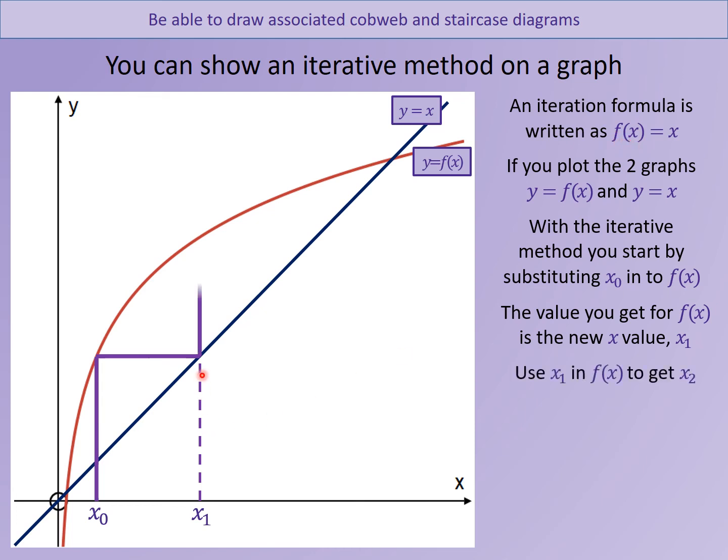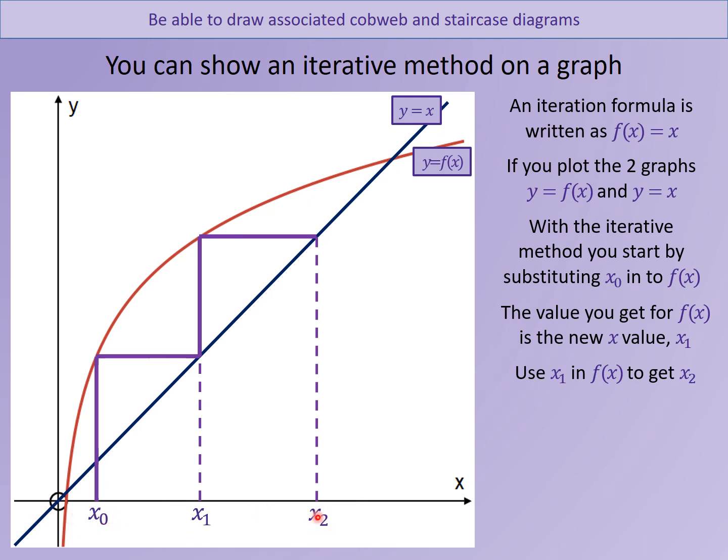Once I've substituted it in, that becomes another new x value. I take my answer from that, and that will be x2, which is a closer approximation to this root than that one and that one. So I carry on the process.